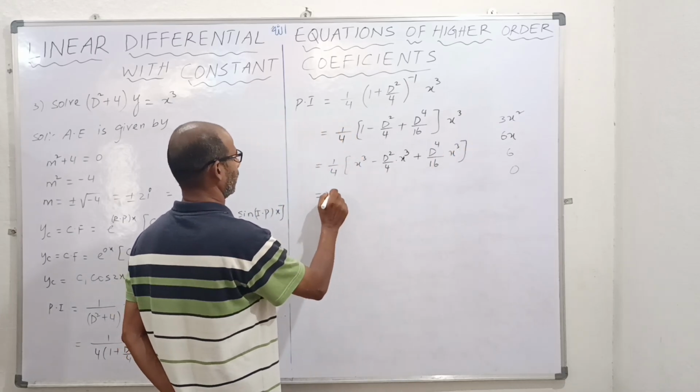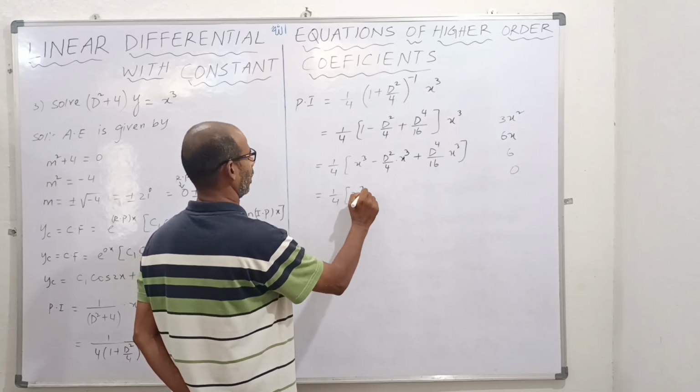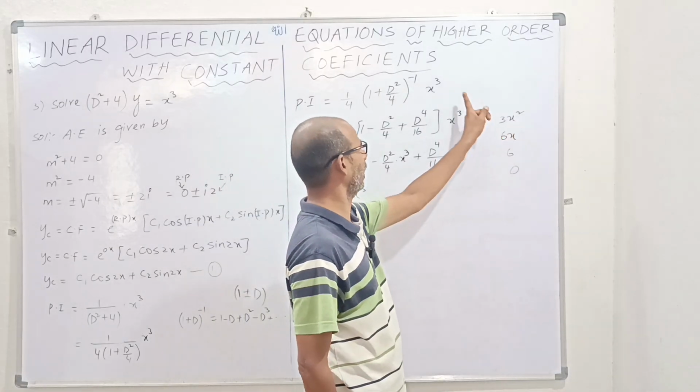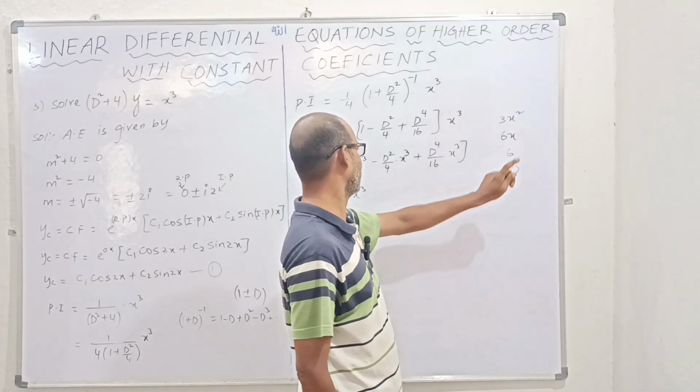So this can be written as x cube. What is the second derivative of x cube? The first derivative is 3x square, and the second derivative is 6x.